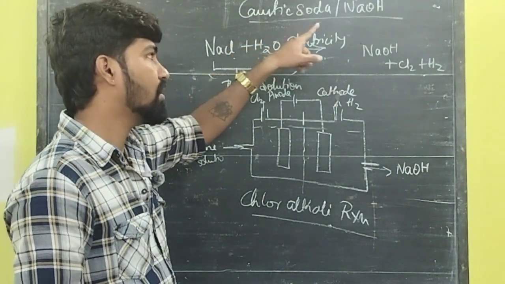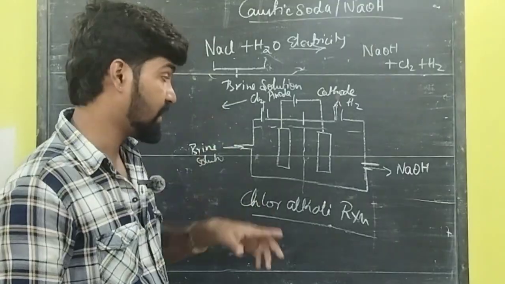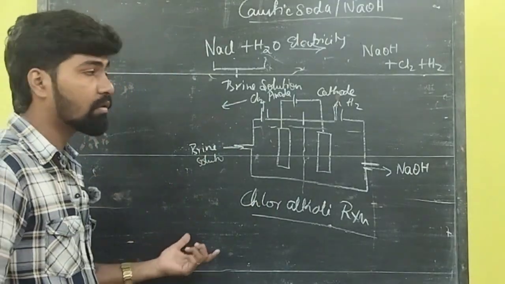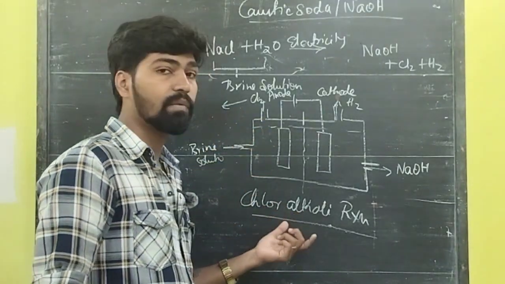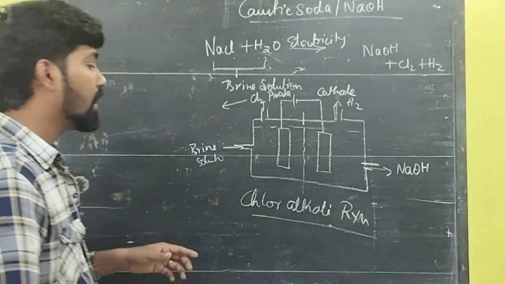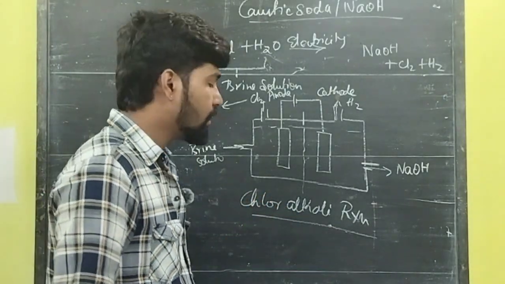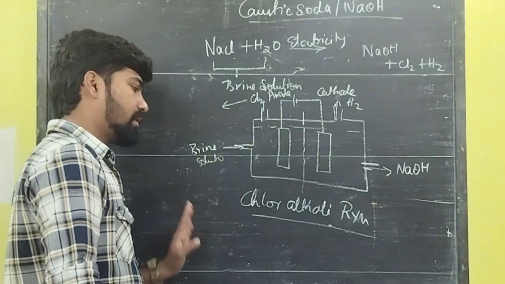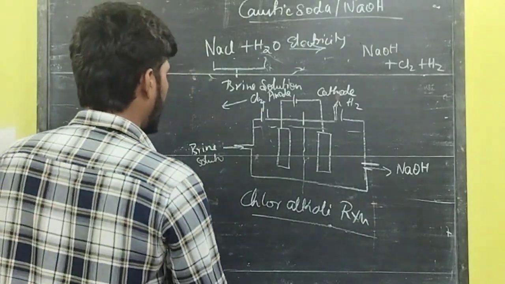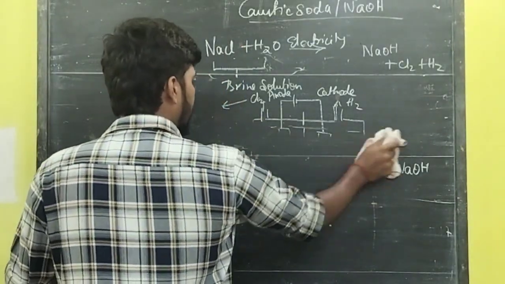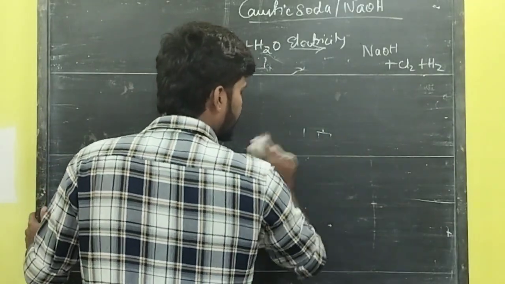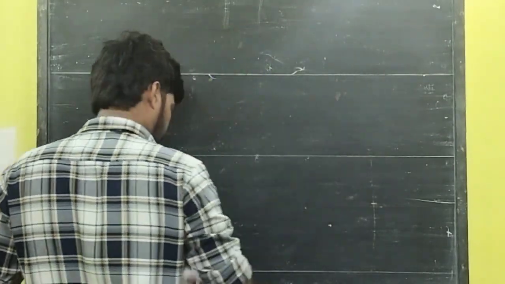This is nothing but formation of caustic soda or NaOH. Why is it called chlor? Because chlorine is involved. Why alkali? Because an aqueous basic solution we call alkaline, and it's a reaction of that, so that's why it is called the chlor-alkali reaction.